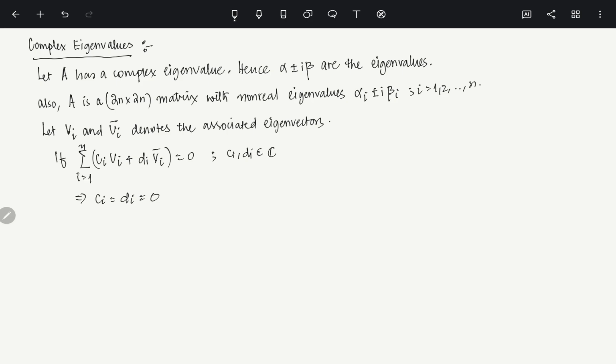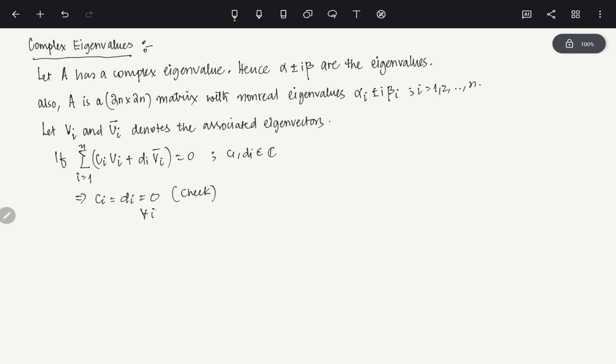That is easy to see. I am not doing this; it's better you check this part. What I am saying is Vi is alpha plus i beta, Vi bar is alpha minus i beta. So you just separate the real and imaginary parts, and then you can see that this is true. So Ci and Di are going to be 0, for all i.